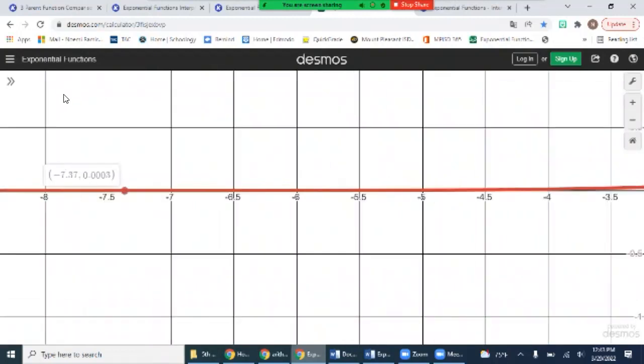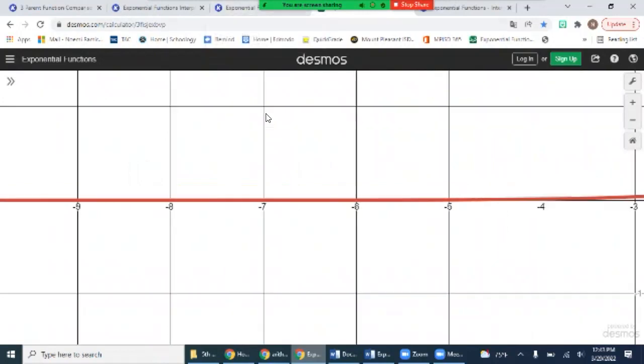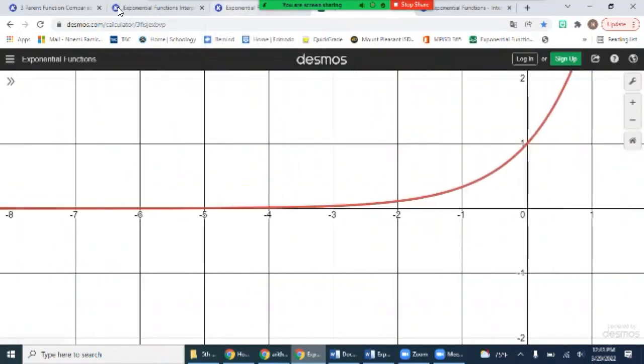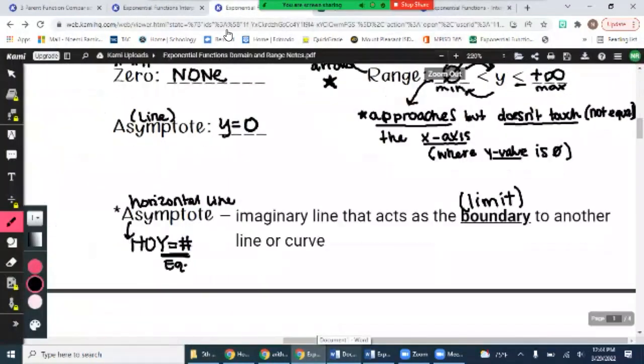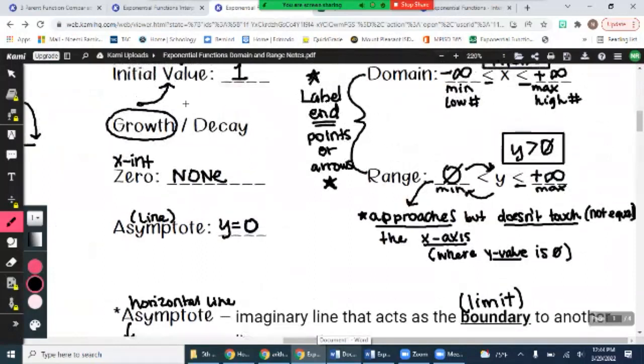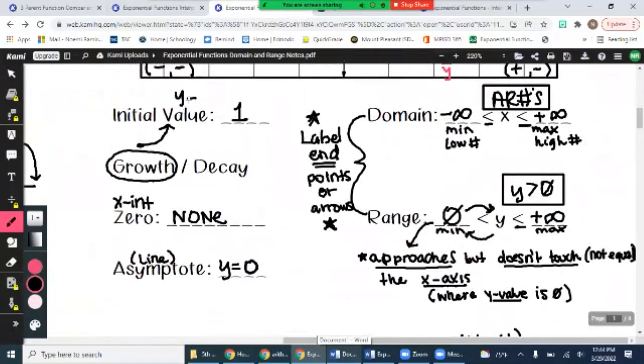If we zoom in, 0.0003, 0.0002. So even though you have a bunch of zeros, it never actually is 0. You see that? That's why we say it gets close to the 0, but doesn't actually cross or touch the 0. Okay? Any questions so far? Do I need to explain asymptote? Anything like that? No. All right.